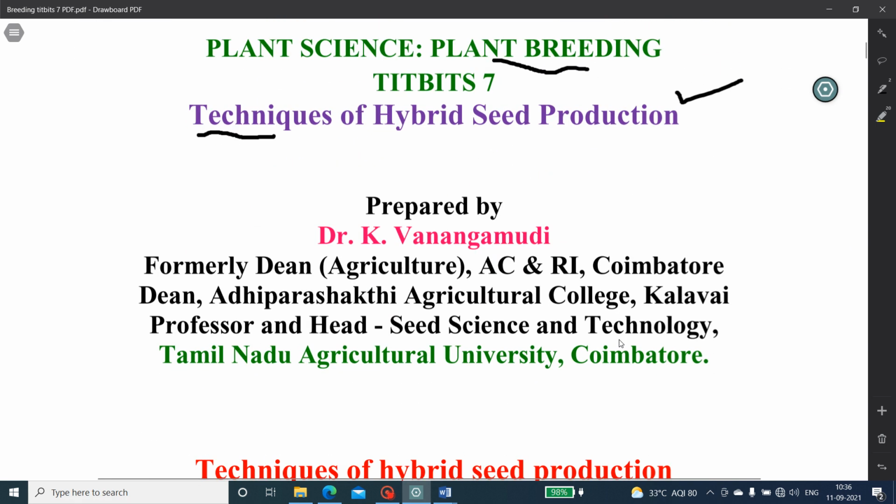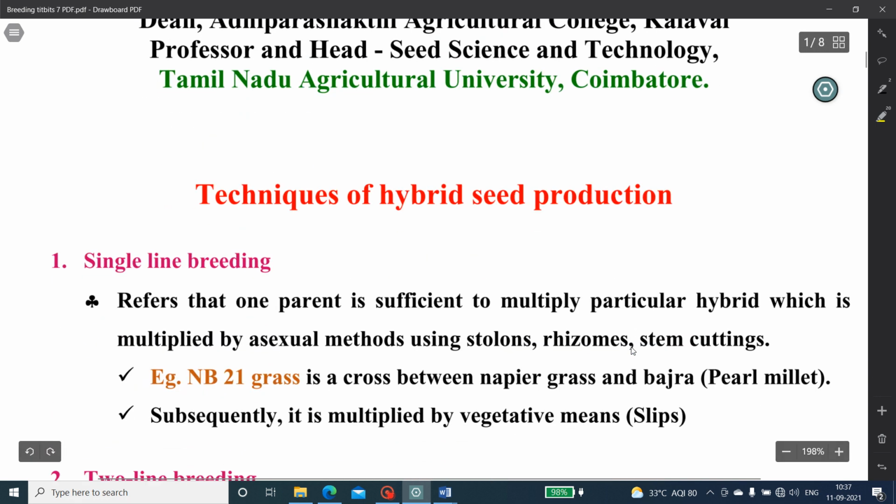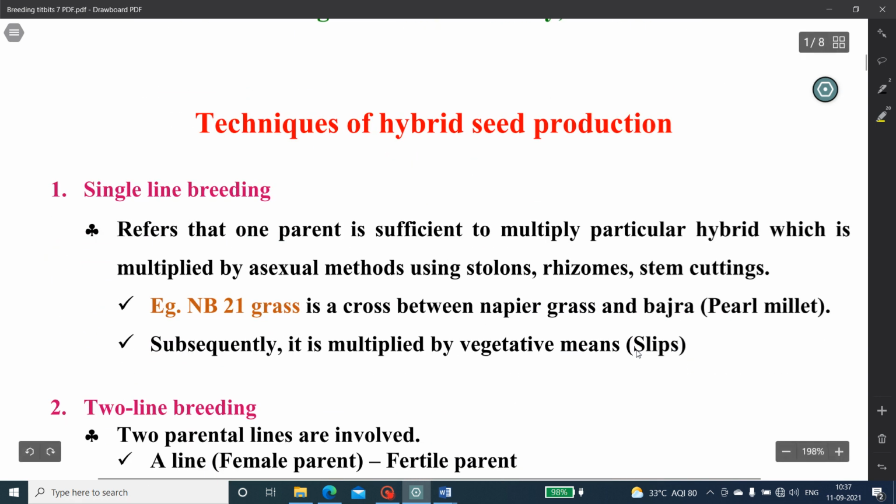This is being prepared by Vanangamudi, formerly Dean Agriculture and also Professor and Head of the Department of Seed Science and Technology, Coimbatore. In this presentation, the techniques and methods used for hybrid seed production have three major methods.